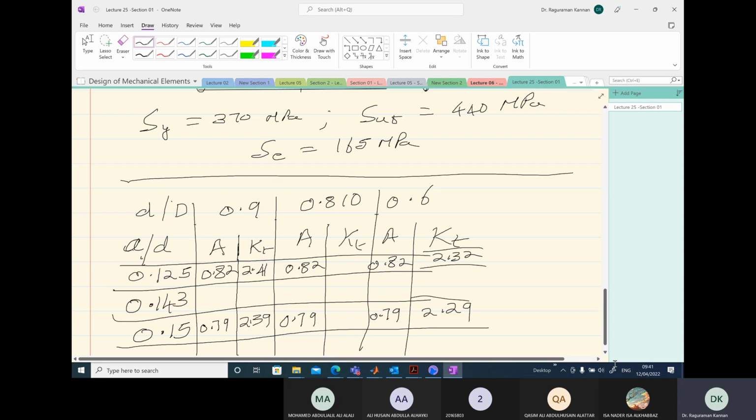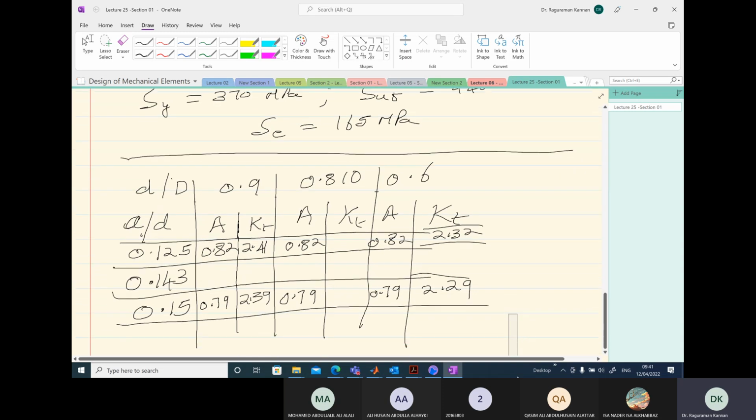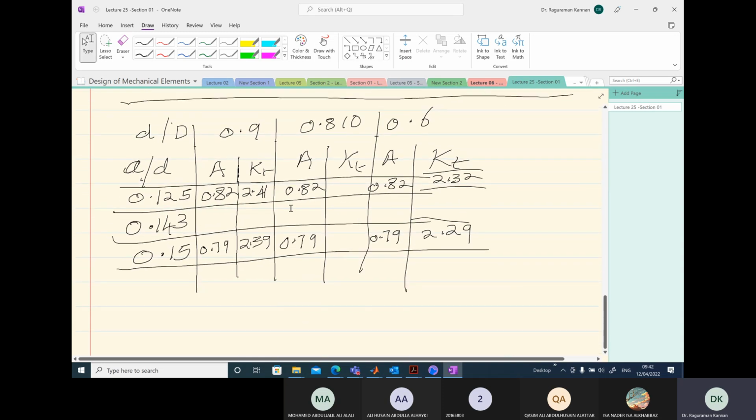We can use the linear interpolation formula to evaluate what is A for the value 0.143. Okay, so what is the linear interpolation formula I should use? To find A, I write the equation: 0.82, this is the value corresponding to 0.125.